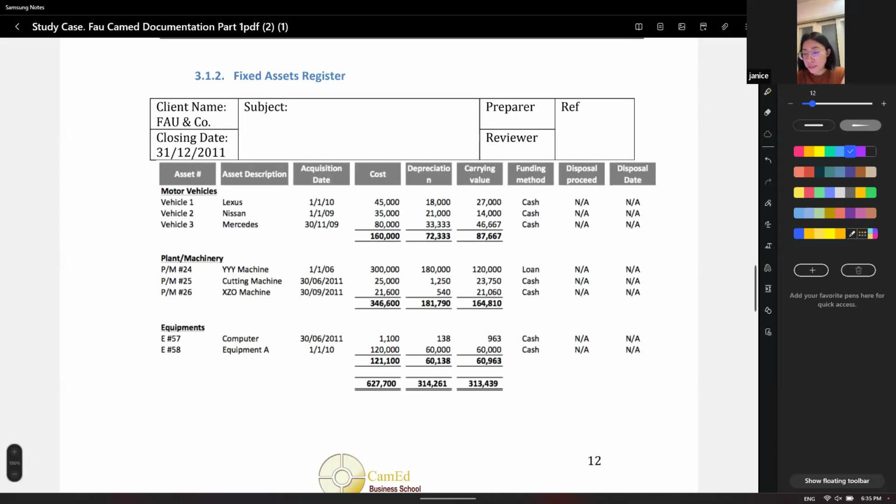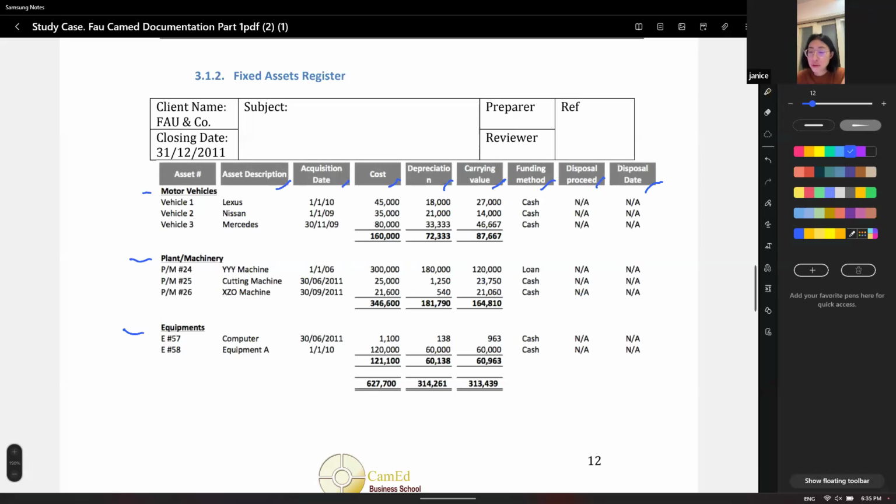It will have the different categories: the cars, the plant, machinery, and equipment. They will have the description, the date of acquisition, what's the cost, how much is depreciated, what's the net value, how is it funded, when do we sell it, and how much we sell it for.